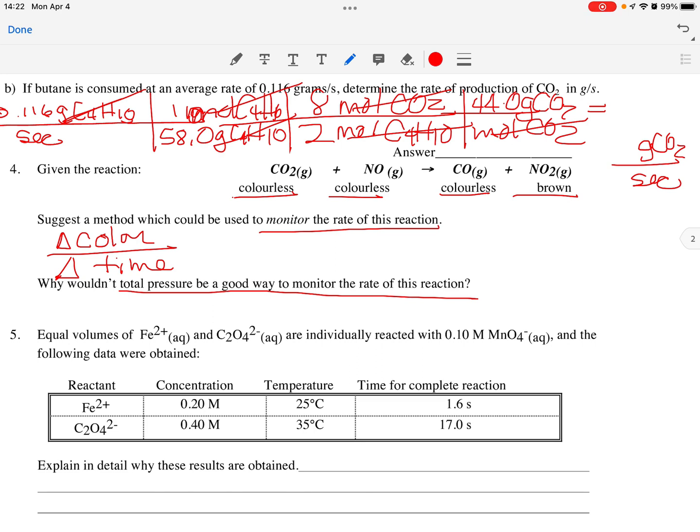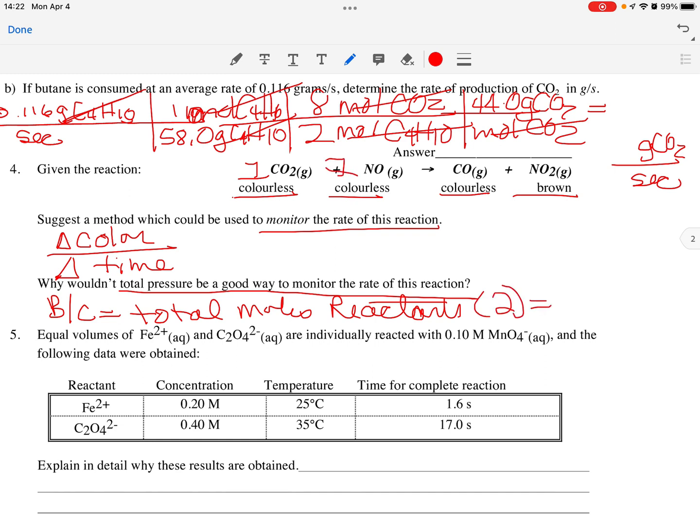It would not be a good way because the total moles of reactants, which would be 1 and 1, a total of 2, equals the total moles of products, which is 2. 1 and 1.